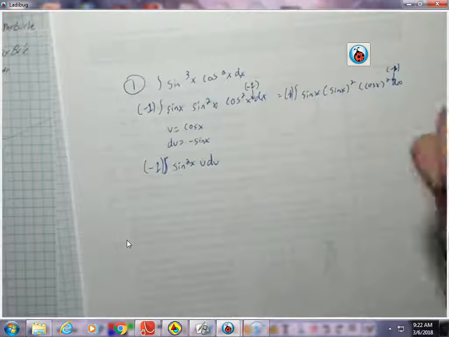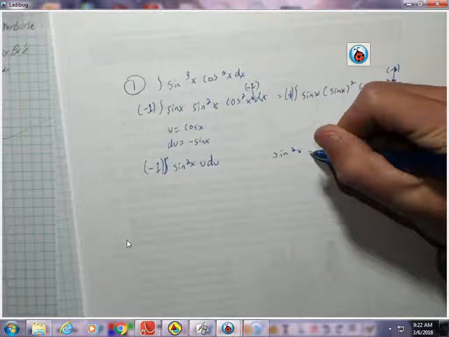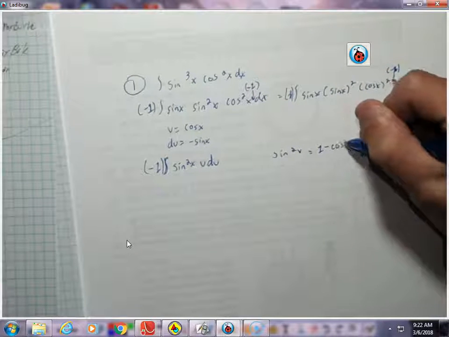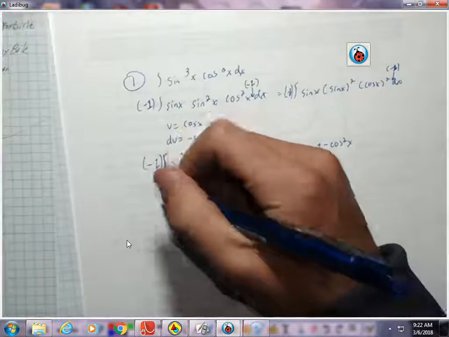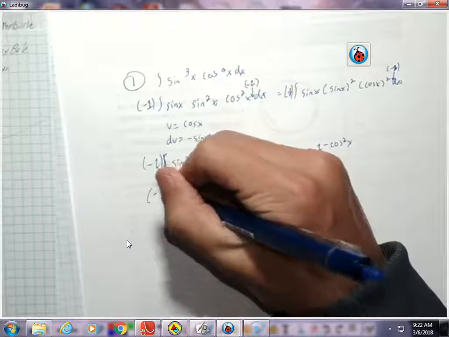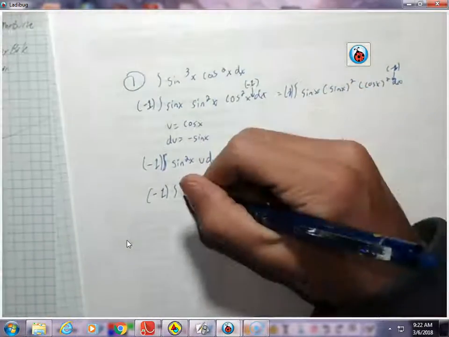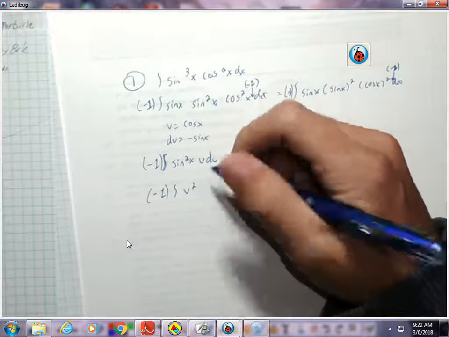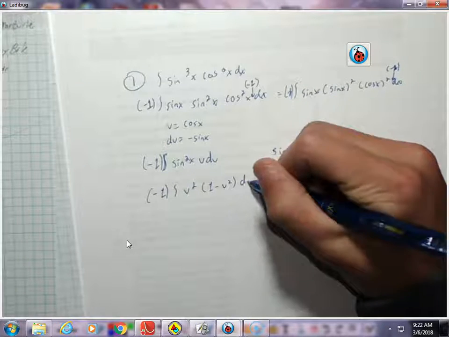Sine squared x is equal to 1 minus cosine squared x, because we all know that, of course. And so I did negative 1 times the integral of u squared times 1 minus u squared du.